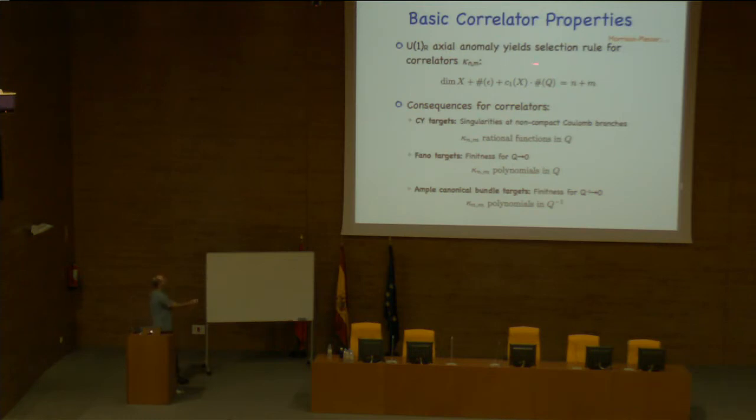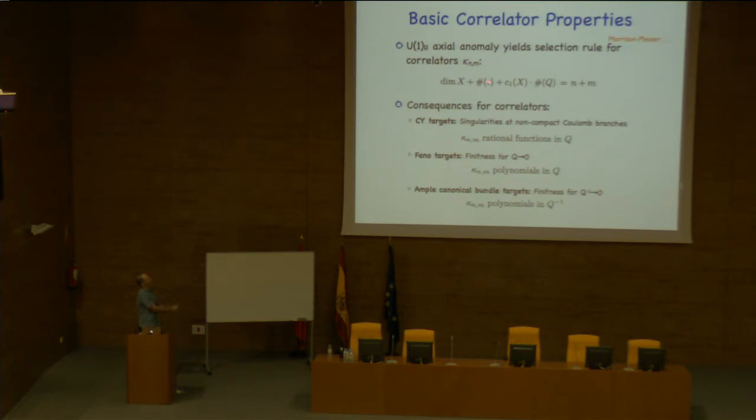If you take this selection rule into account and apply it to some extreme cases, namely the Calabi-Yau target spaces, this is something which has probably been most studied in a string context.